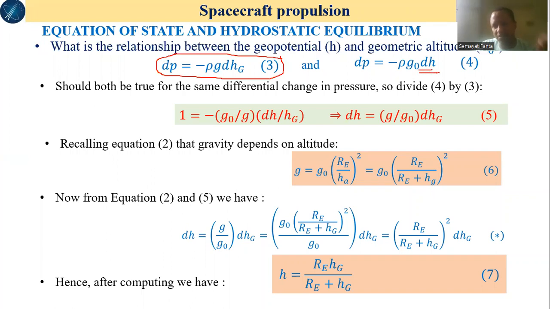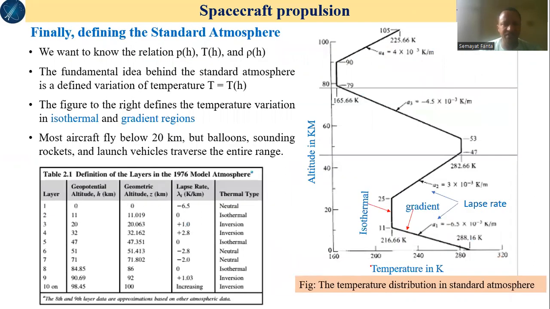Finally we have this equation, and integrating it over the altitude, we get this gravity equation. The other equation we want is the geopotential altitude, which you can calculate as the radius of Earth times geometric altitude over radius of Earth plus geometric altitude. So these equations are very important for our next calculations.